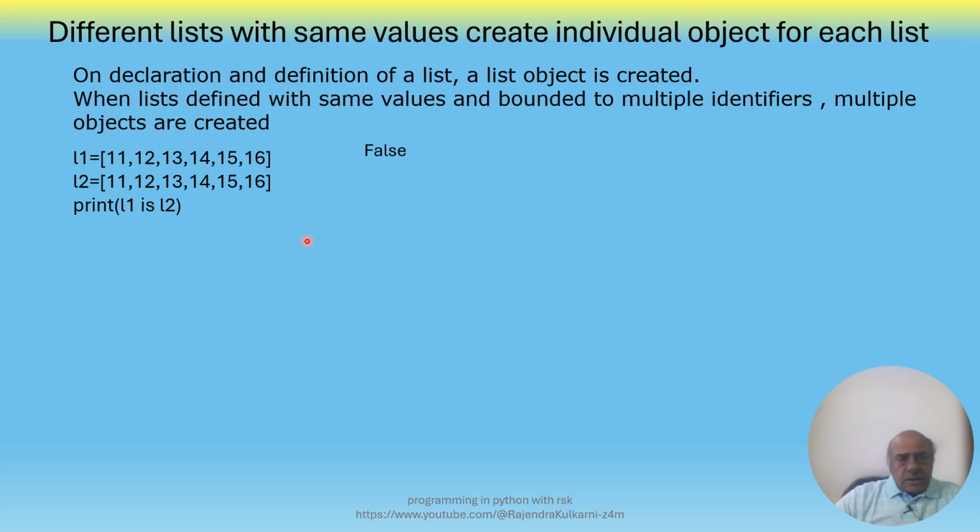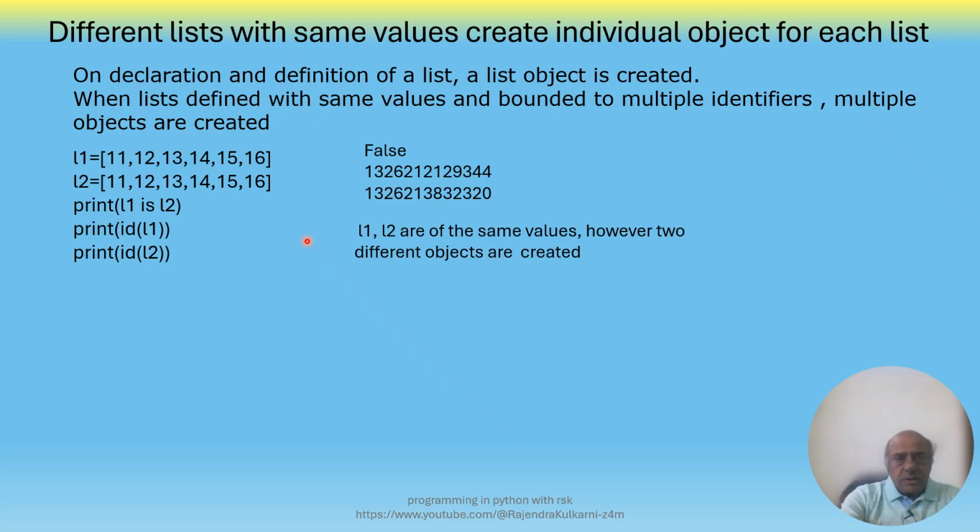L1 refers to one object, L2 refers to another object. So L1 is L2 gives us a result false. We can see the IDs by printing ID of L1 and L2, and both these IDs are different. L1 and L2 have the same values, however two different objects are created.